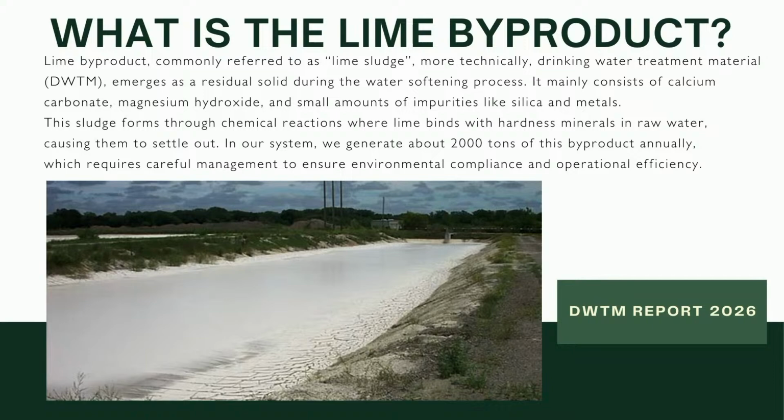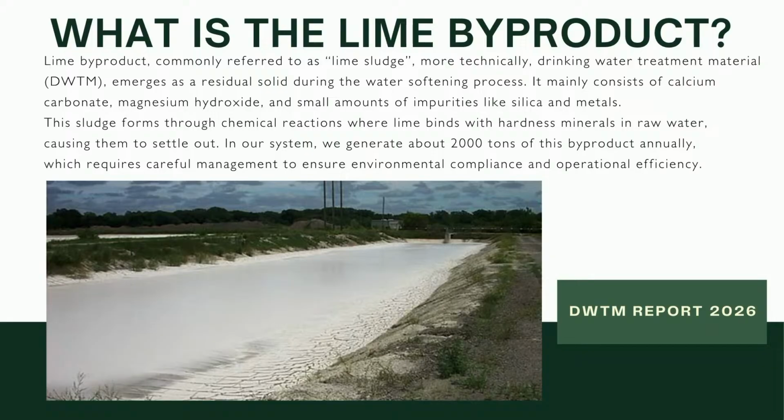Lime byproduct, commonly referred to as lime sludge, more technically drinking water treatment material, or DWTM, emerges as a residual solid during the water softening process. It mainly consists of calcium carbonate, magnesium hydroxide, and small amounts of impurities like silica and metals.